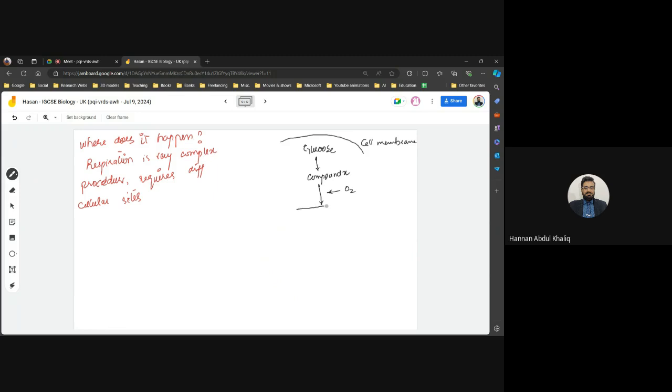When the oxygen is available, your compound X would enter into the mitochondria, and the rest of respiration would occur here. And it would give us energy.